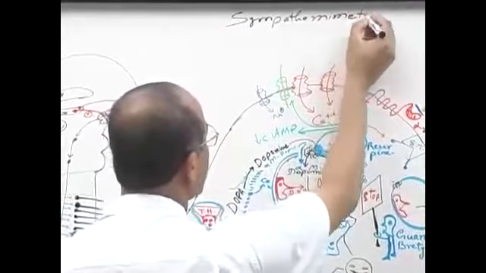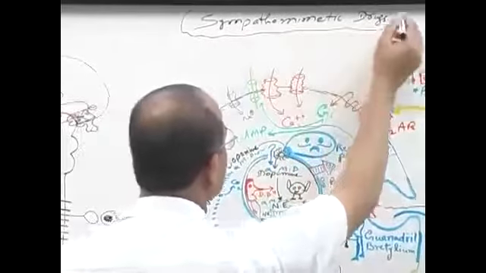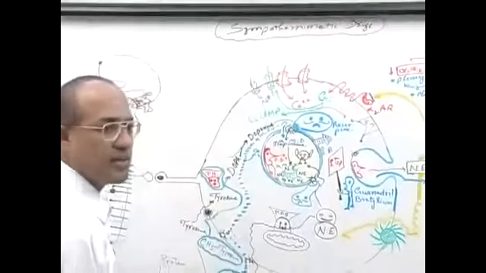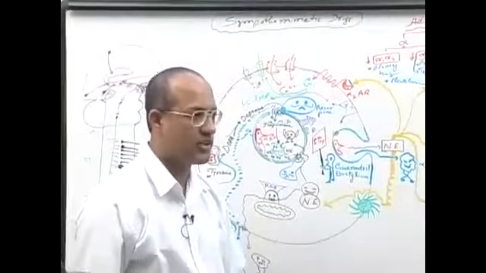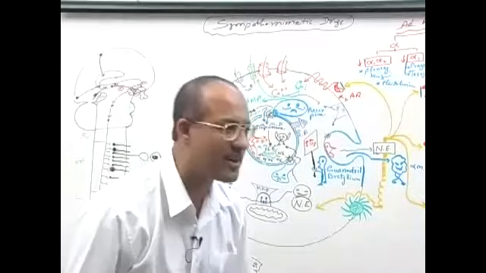Sympathomimetic drugs. As a broad category, these drugs produce pharmacological actions which mimic the physiological actions of the sympathetic nervous system.